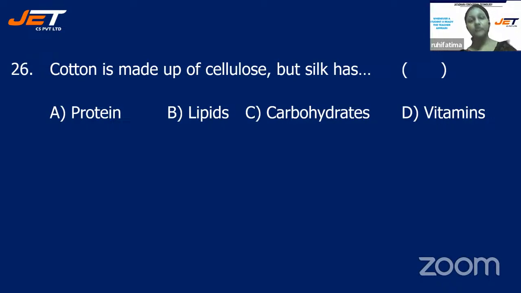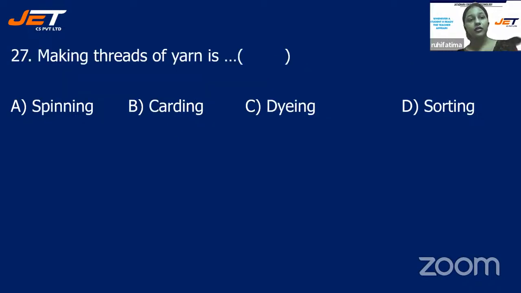Let me tell you this. Cotton fiber is made up of cellulose. Okay. But silk has proteins. Silk is proteinaceous. Question 27. Making threads of yarn is that spinning, carding, dyeing, or sorting?